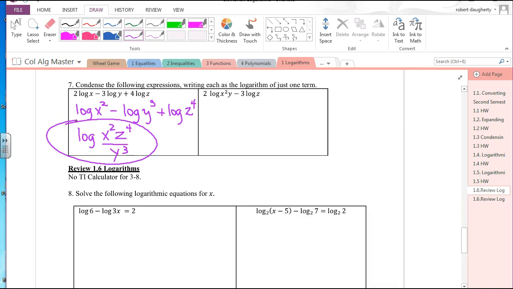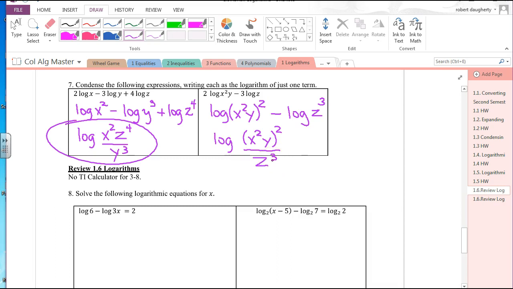In this case right here, I'm going to have the log of x squared y squared minus the log of z cubed. So this is the log of x squared y squared over z cubed.